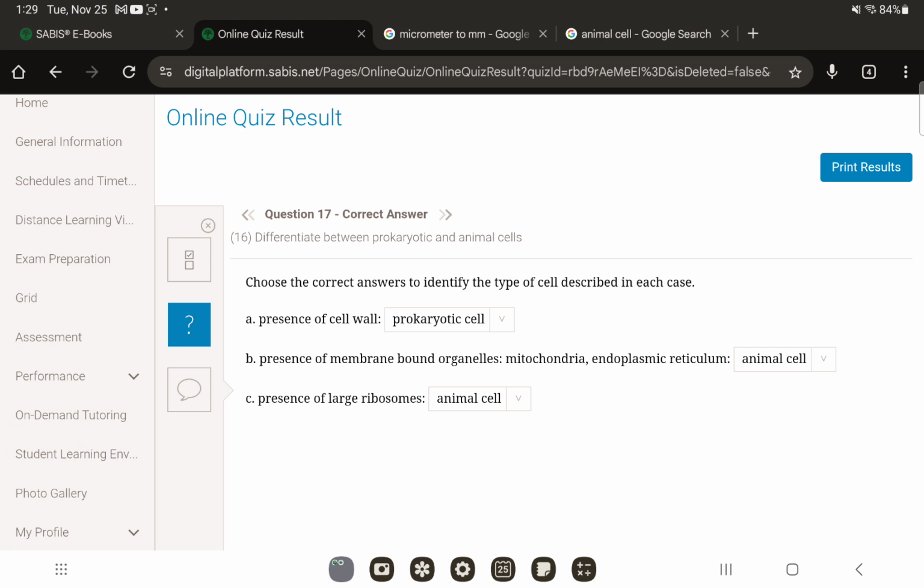But yes, so basically prokaryotic cells are just cells that are missing a lot of organelles. And then there's also something called eukaryotic, and those are the ones with the organelles, like animal and human cells. So yeah.